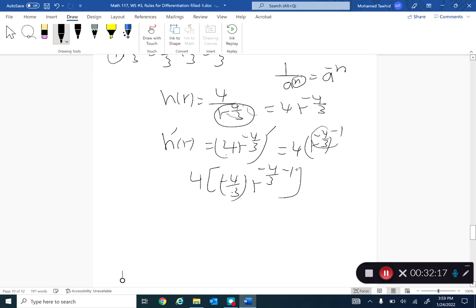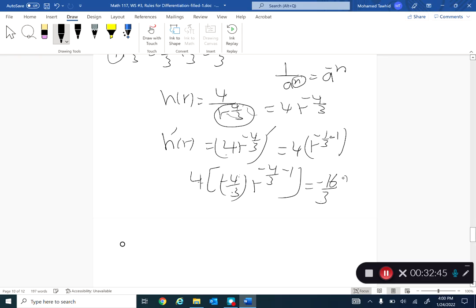I close the bracket. So you have n minus 1, which is negative 4/3 minus 1. If I simplify, then you have 4 multiplied by negative 4/3, you get negative 16/3.